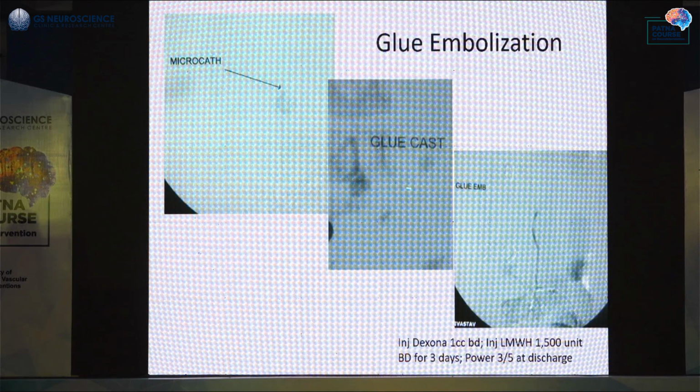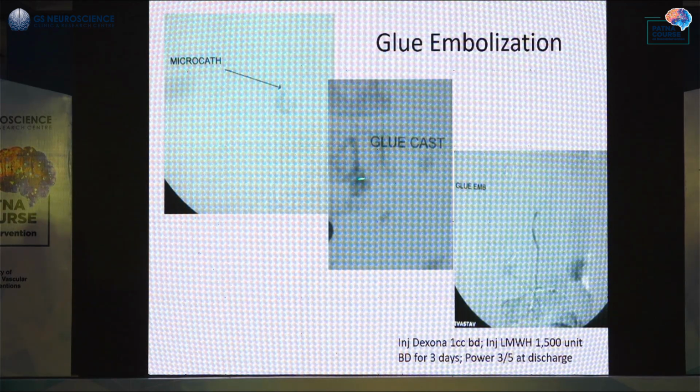Around 50% glue with Lipiodol was used, because it is a high flow fistula. So this is the contrast in the venous pouch, and there's the proximal part of the glue.